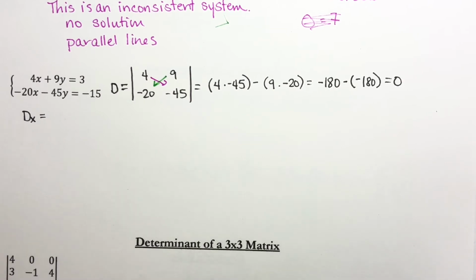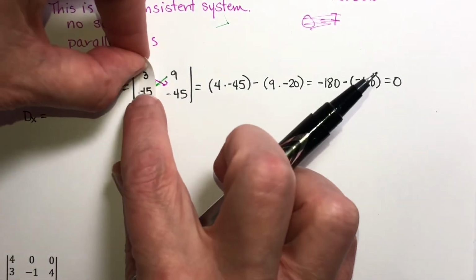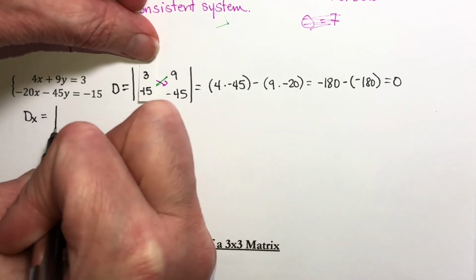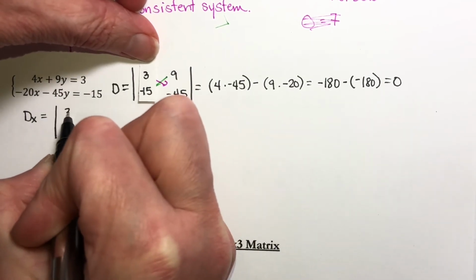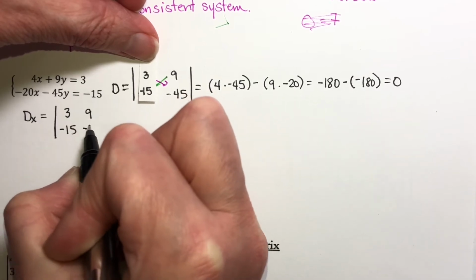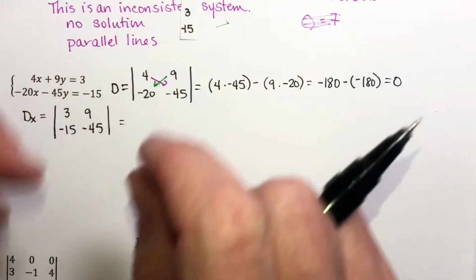Now remember, to find Dx, you want to cover up your x column with your answers. So I have a 3 and a negative 15. I'm going to put them right there. So I need to calculate this determinant. Okay.